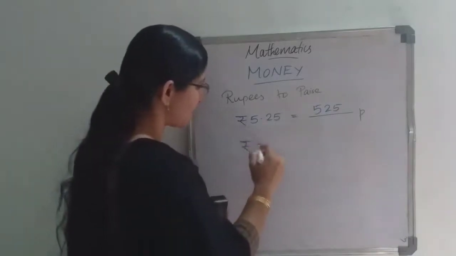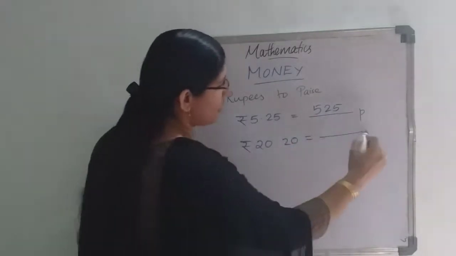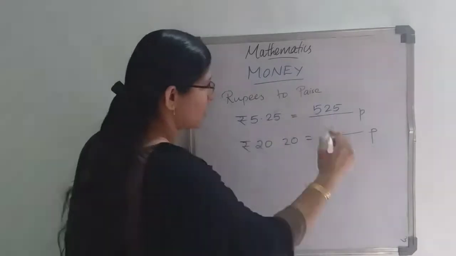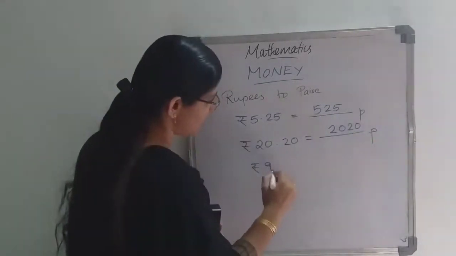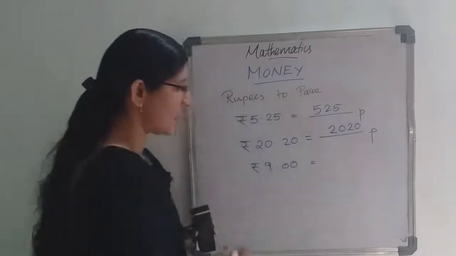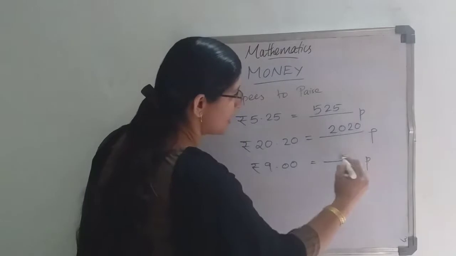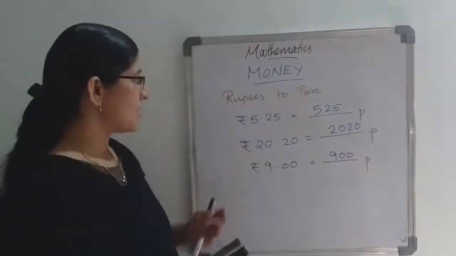If it is 20 rupees 20 paise, how will you convert it into paise? Remove the symbol and dot, write it together. Suppose it is 9 rupees 00 paise. Remove the symbol and dot, write it together, 900 paise. Clear? So it is so easy.